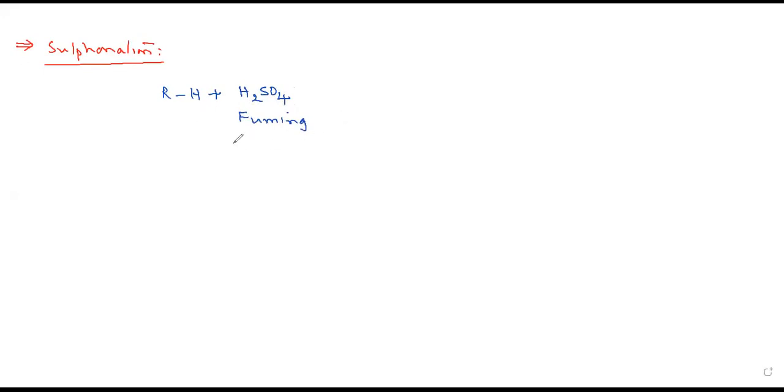What is fuming sulfuric acid? It is nothing but sulfuric acid containing extra sulfur trioxide. It is also known as oleum. H2S2O7, pyrosulfuric acid.